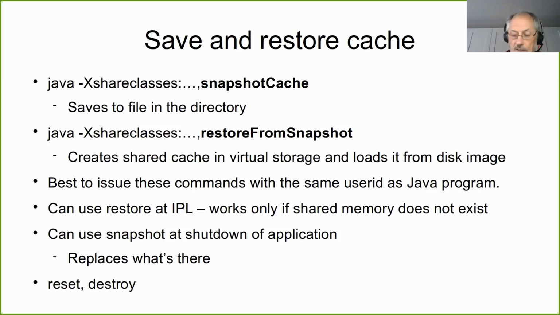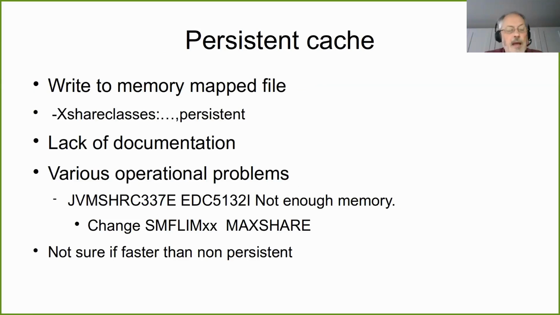So that's a non-persistent cache. There's also a persistent cache. Now this, I think, only came in in Java 21 or 23. It's been available on the OpenJ9 JVM on distributed for many years. Instead of writing to shared memory, it writes to a memory mapped file.